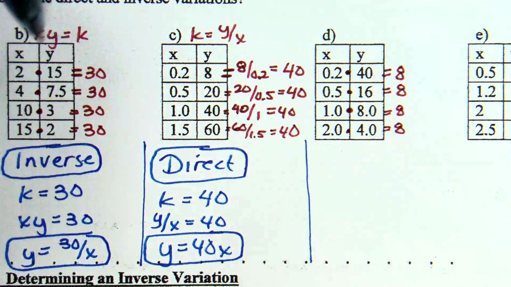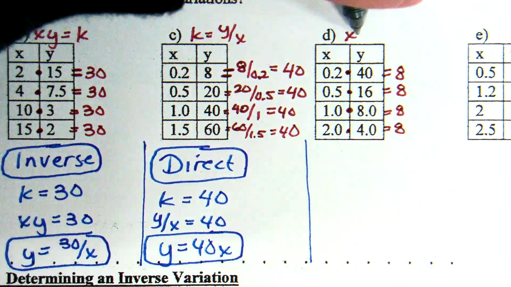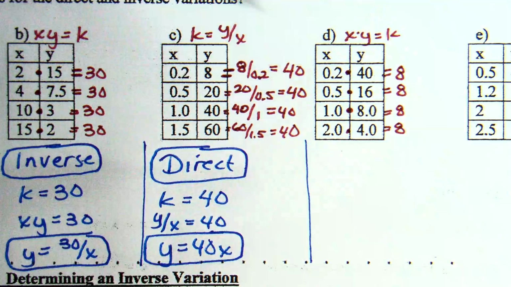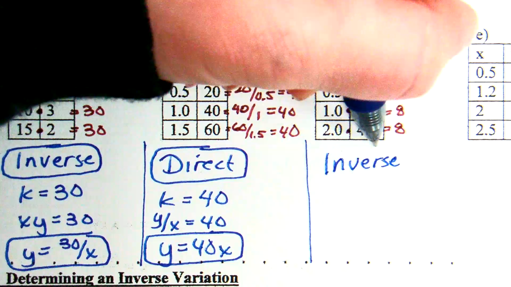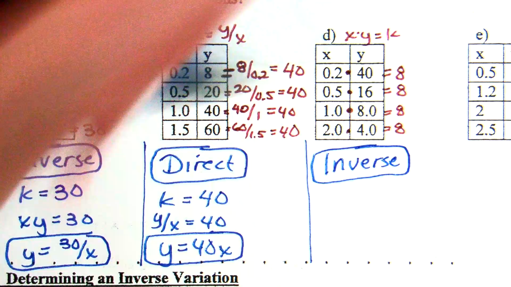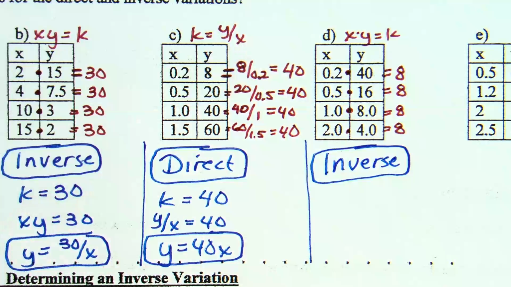Yeah. Go back here to like B, right? When x times y multiplies to equal the same, this is inverse. What's the equation I'm looking for?